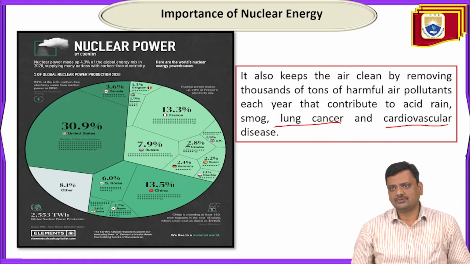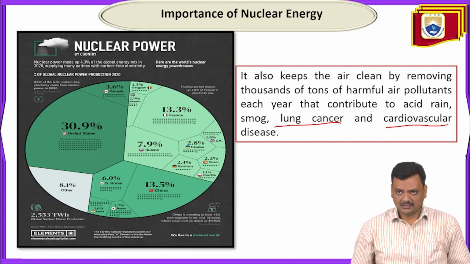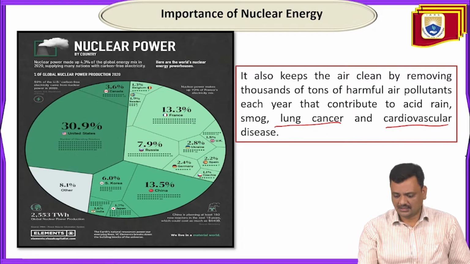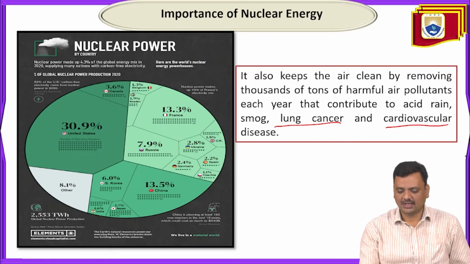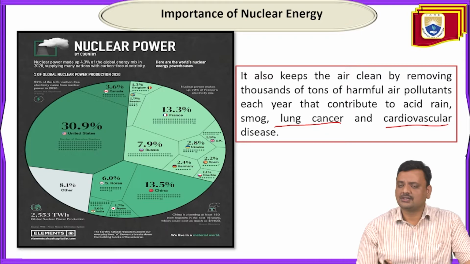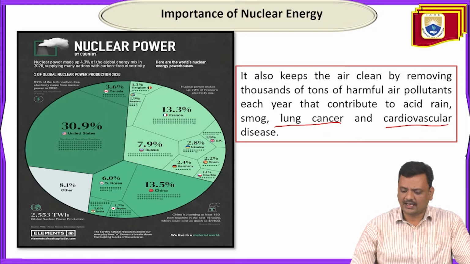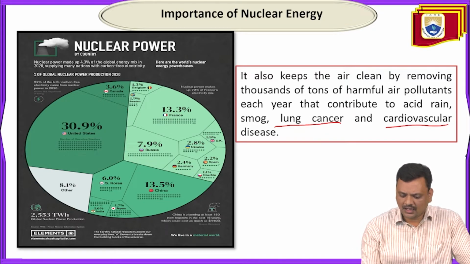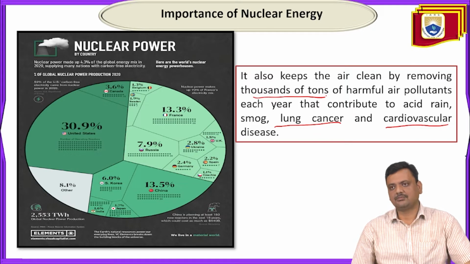So if we use nuclear power sources, we can avoid all these gases. How many? Thousands of tons of harmful air pollutants.